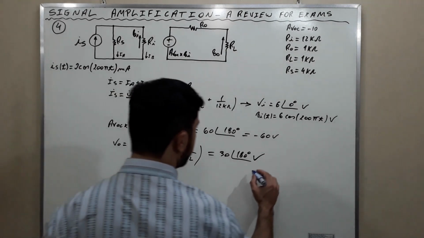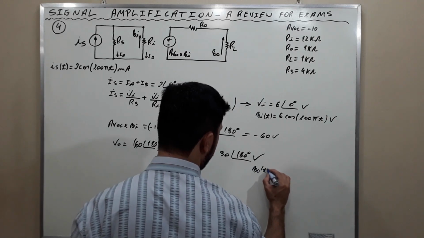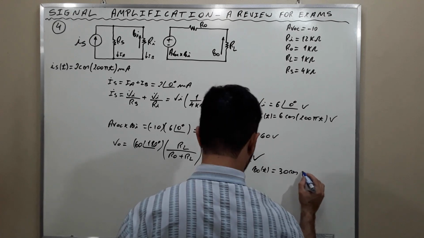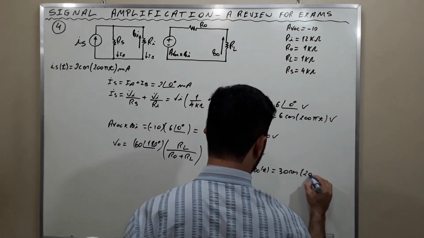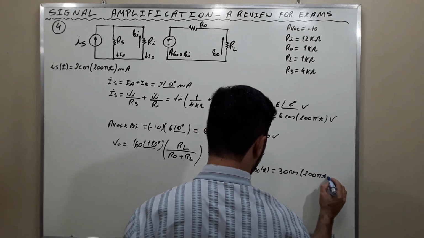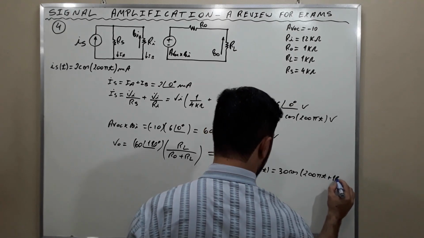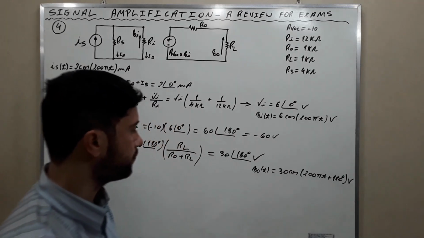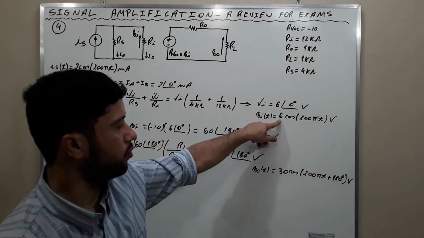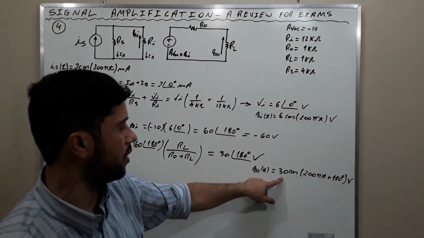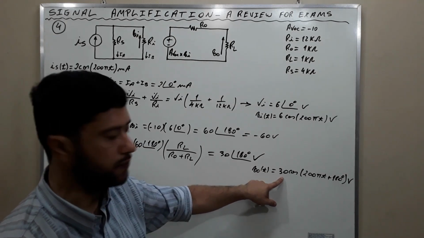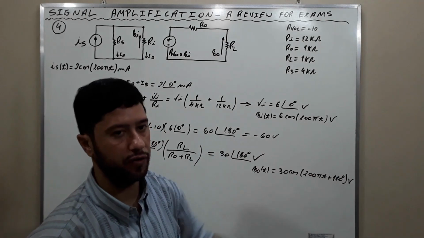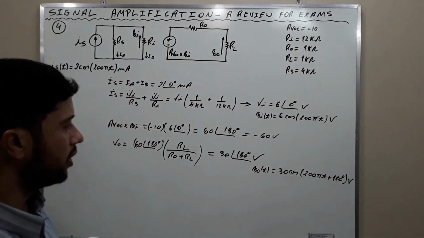VO, now in the time domain, VO of T is equal to 30 times the cosine of 200 pi T plus 180 degrees volts. Okay? The amplitude was 6 here, and now the amplitude is 30. And the phase was 0, and now the phase is 180 degrees.